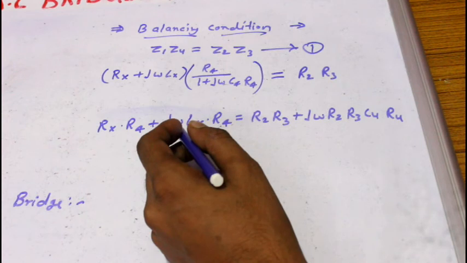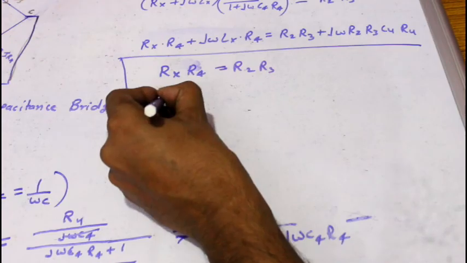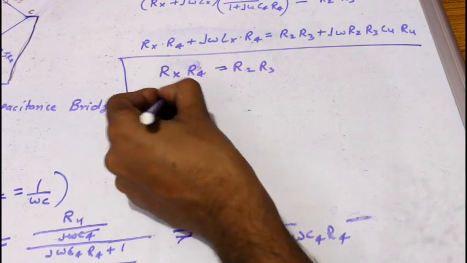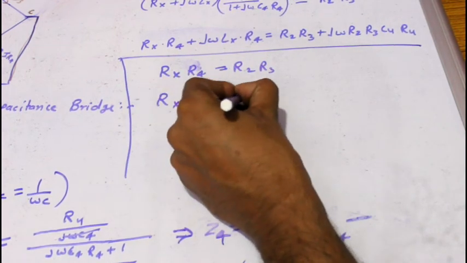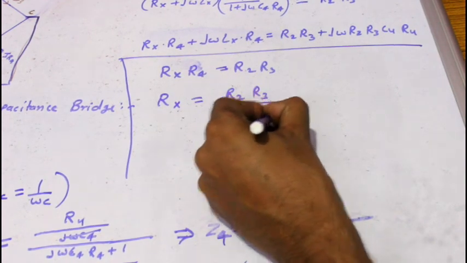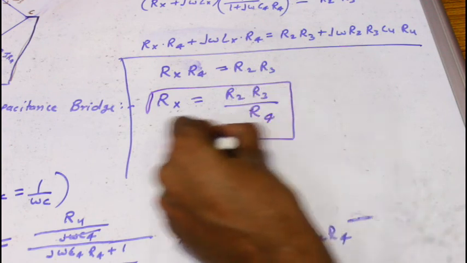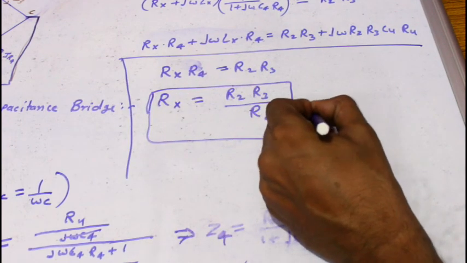Now we evaluate this equation. First we evaluate the real terms, and then the imaginary terms. We calculate the value of Rx is equal to R2 R3 divided by R4. This is the unknown resistance of the AC bridge.